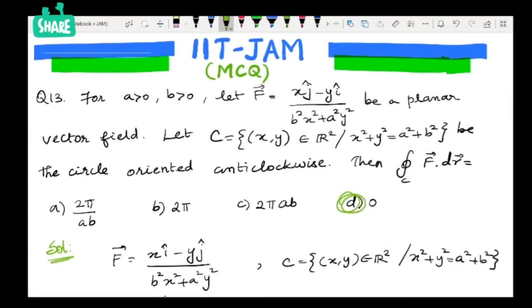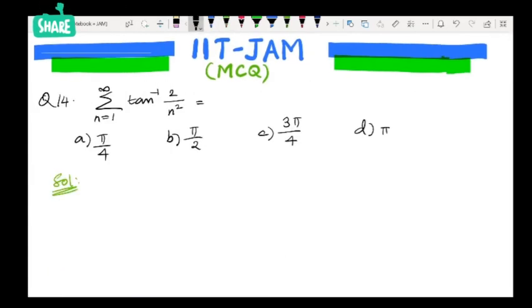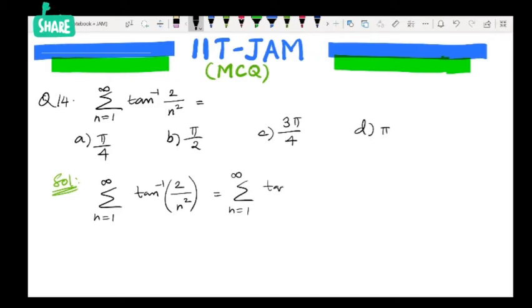Okay, now we have the series, n equal to 1 to infinity, of tan inverse of 2 by n square. I'm going to start by writing it as the summation, n equal to 1 to infinity, of tan inverse of n plus 1 minus tan inverse of n minus 1.